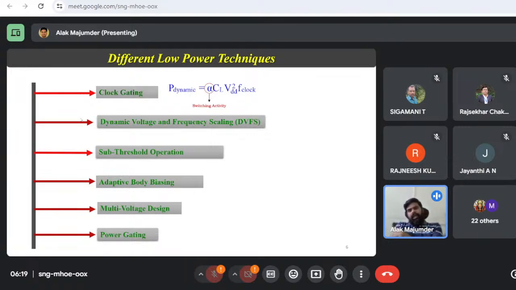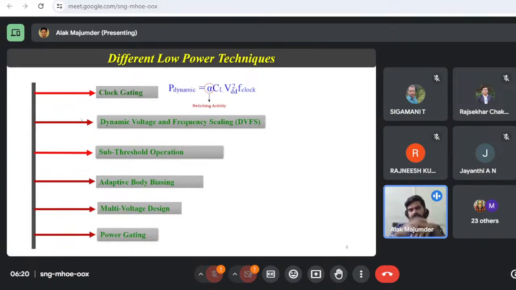Now, in this particular discussion, we are mostly focused on the leakage component. If we understand the ITRS roadmap, the International Technology Roadmap for Semiconductors, we have seen that when the technology node is smaller than 45 nanometer, the component of dynamic power is either equal to static power, or the leakage component is increasing because of very small dimensions.